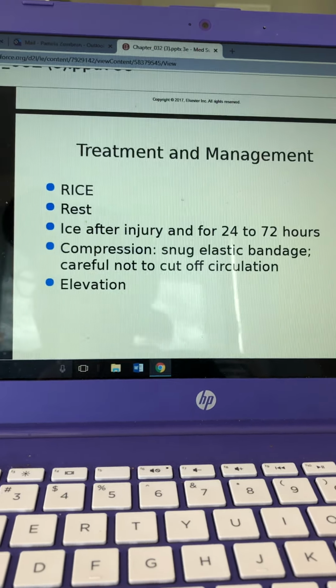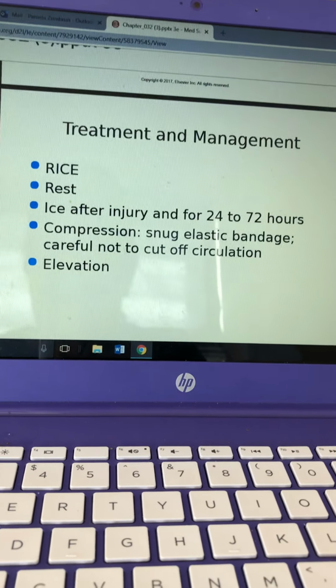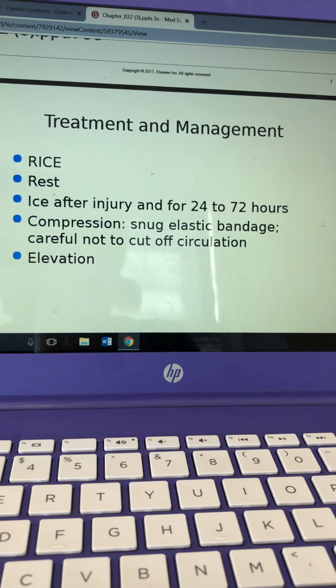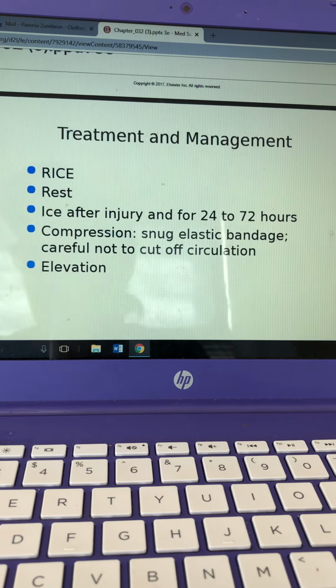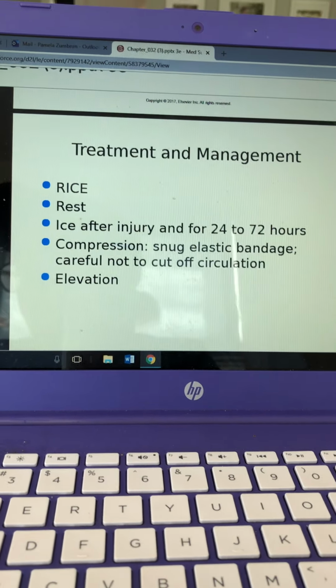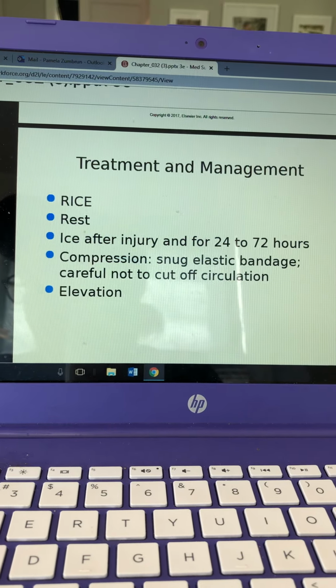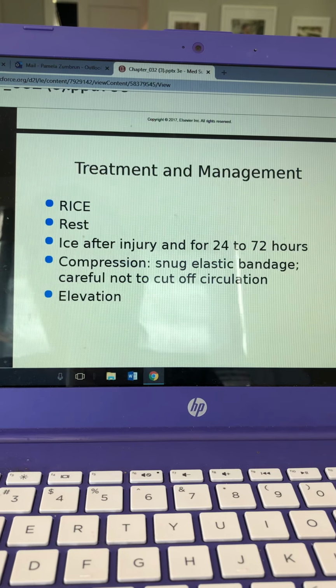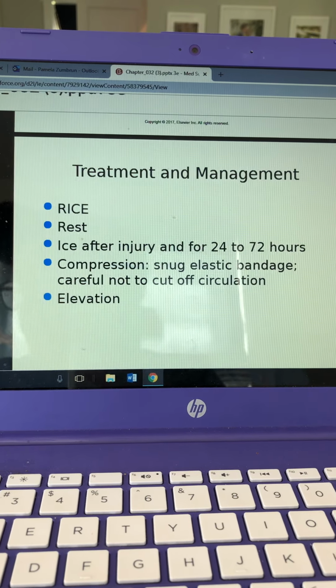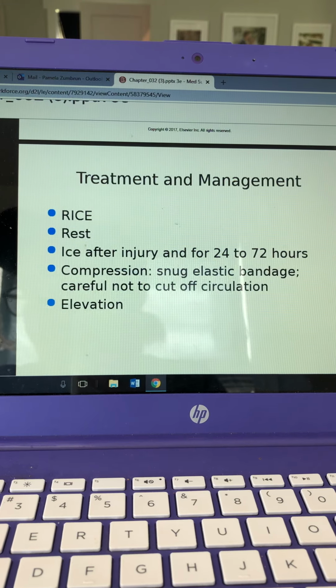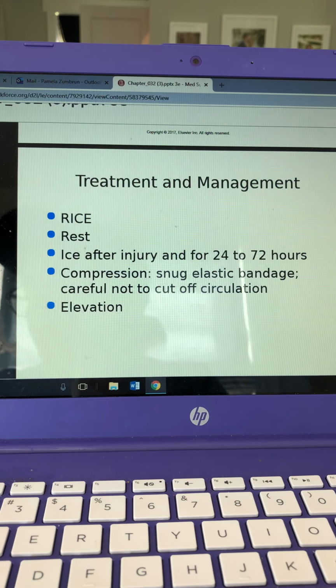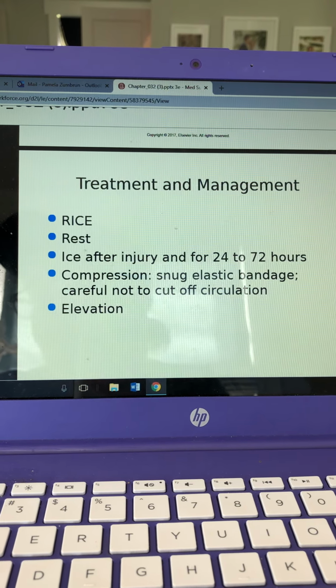Okay, so let's talk about RICE here for just a second. In RICE, of course, we have rest to protect it, ice to decrease pain, swelling, and inflammation, C for compression with an elastic bandage, and E for elevating the affected area if appropriate.